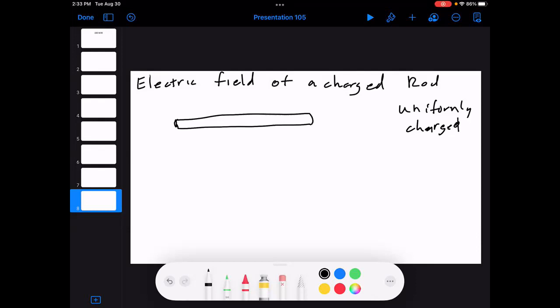Total charge Q, length L. And I want to know the electric field some distance a, that's an a, from the end of the rod. Sound okay? So I want to know the electric field right there.